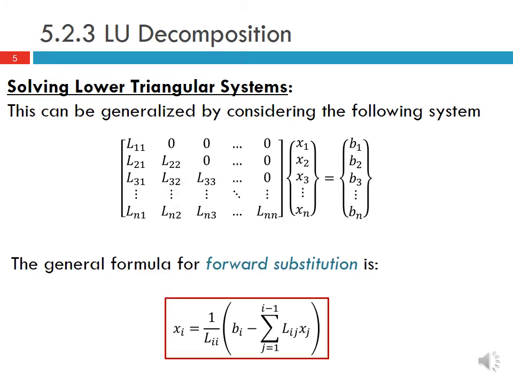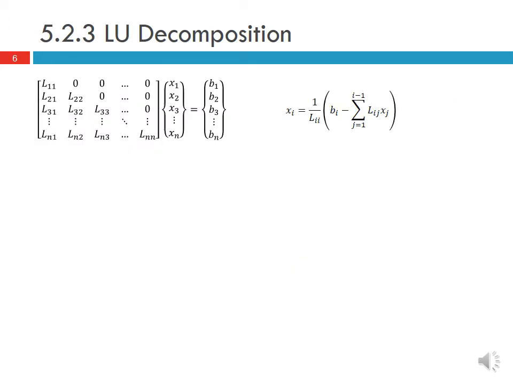So the general formula for forward substitution is given as shown here. So xi is equal to 1 over lii times bi minus the sum from j equals 1 to i minus 1 of lij xj. So again, if we consider our general lower triangular matrix and our formula for our xi's, we start with i equals 1.